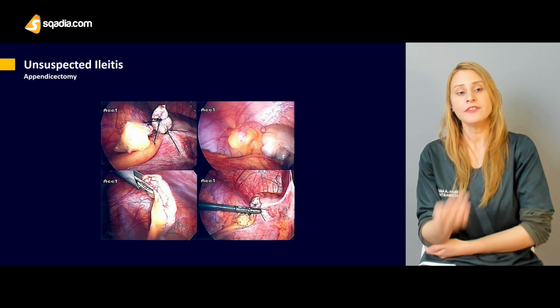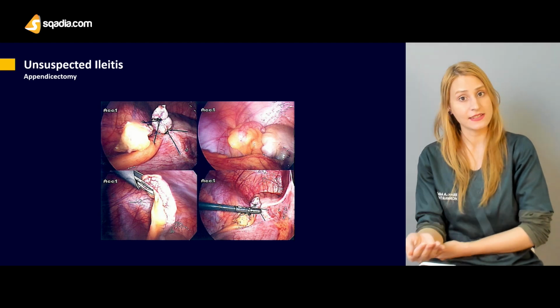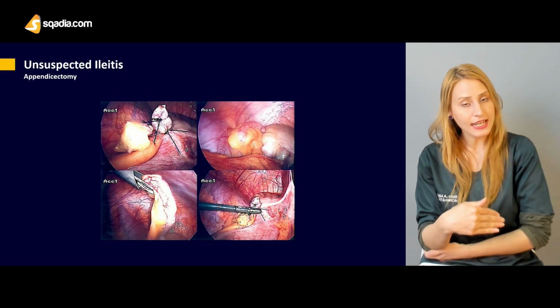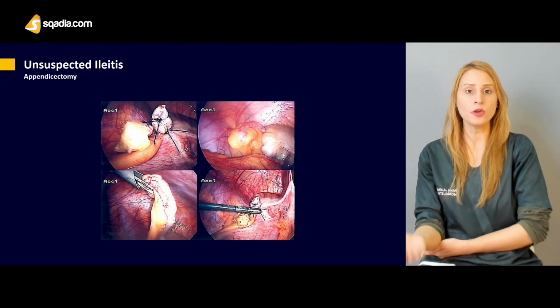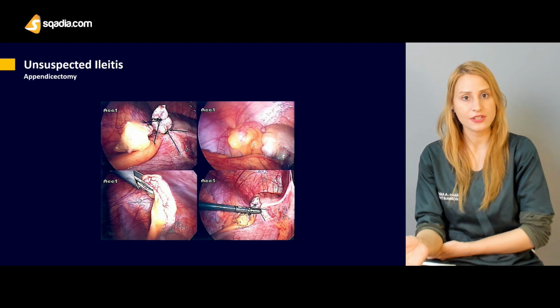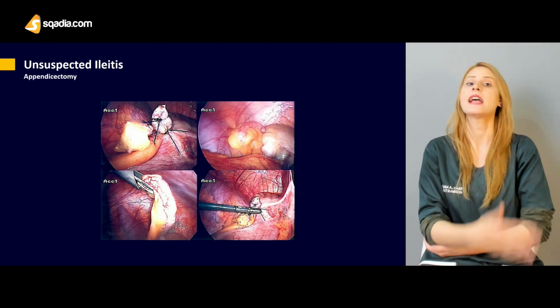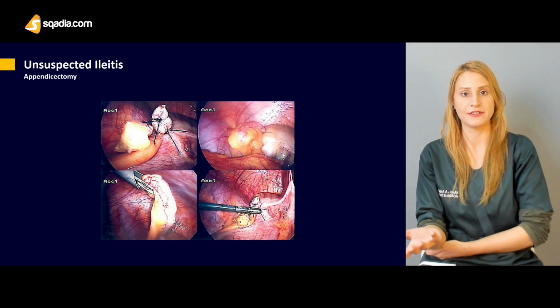If you do the appendectomy, the chances of fistula would be more. So if there is ileitis but no appendicitis, there is no indication to do the appendectomy. Just do the ileal resection, do the primary anastomosis, and close in the reverse order.